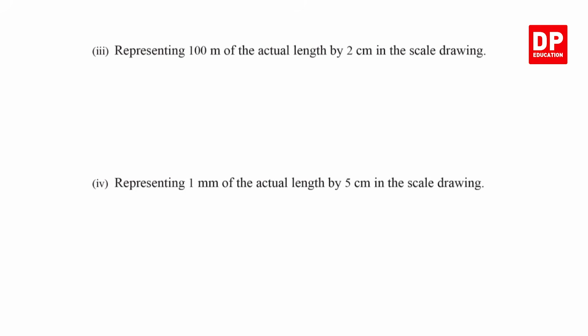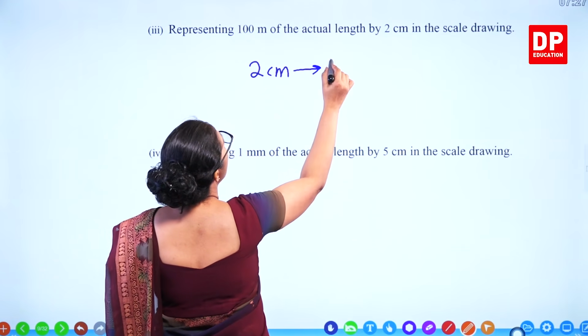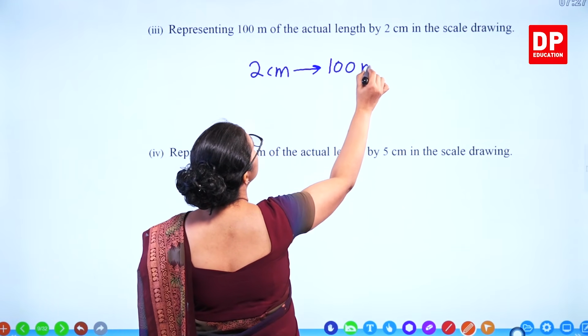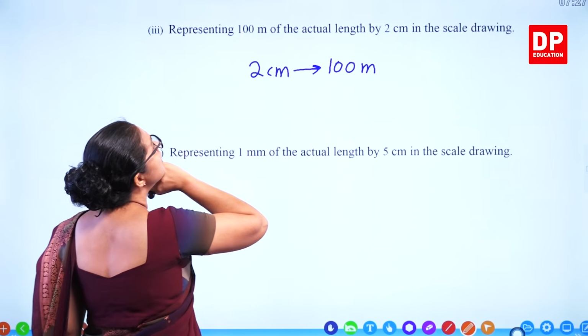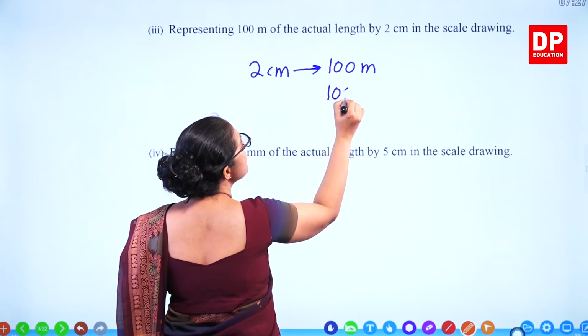Representing 100 meters of the actual length by 2 centimeters in the scale drawing. So 2 centimeters represent 100 meters of the actual. So convert to centimeters, 100 times 100.